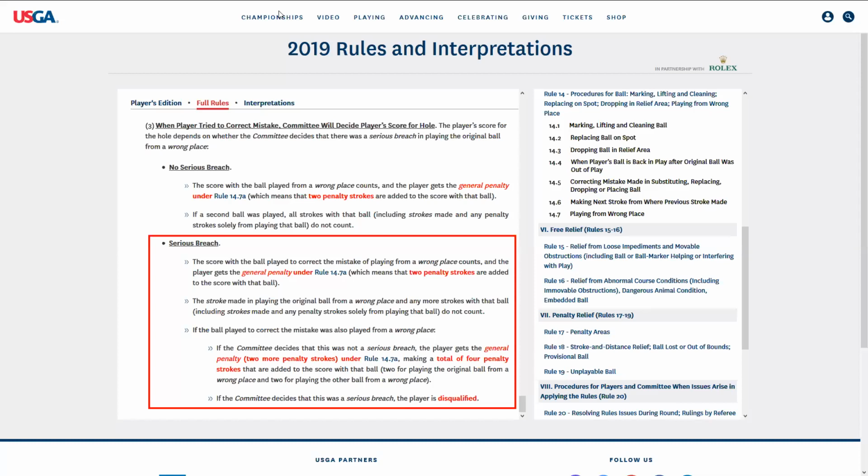Even if player B had already recreated that, they would still need to do something. The answer is that the player has to play from the lie they had before it was altered, even if player B recreated that lie for player A.